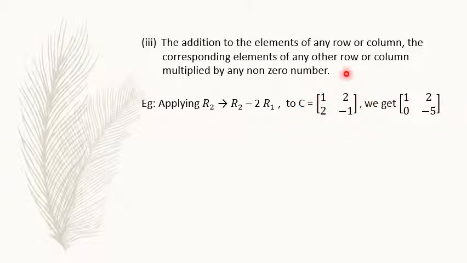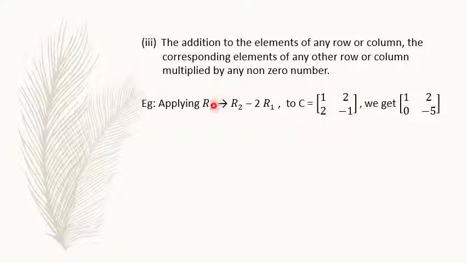That is, if we have a matrix of order n by m, then we can multiply a row with a non-zero number. Just as we discussed how to multiply a row with a non-zero number. Then we can add that row to any other row. The corresponding elements we need to add.